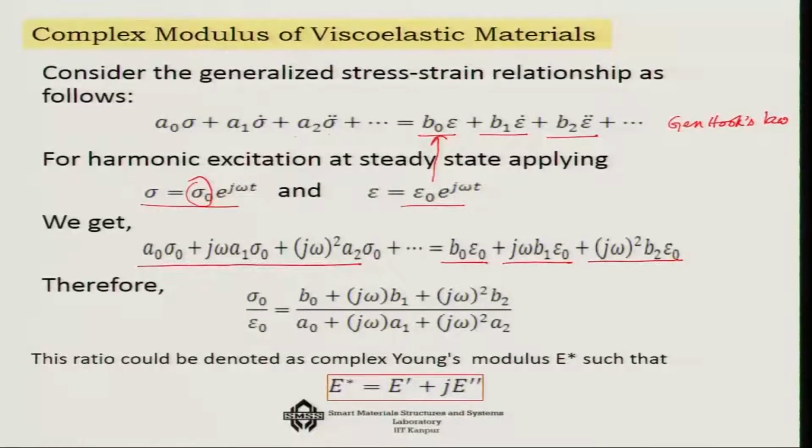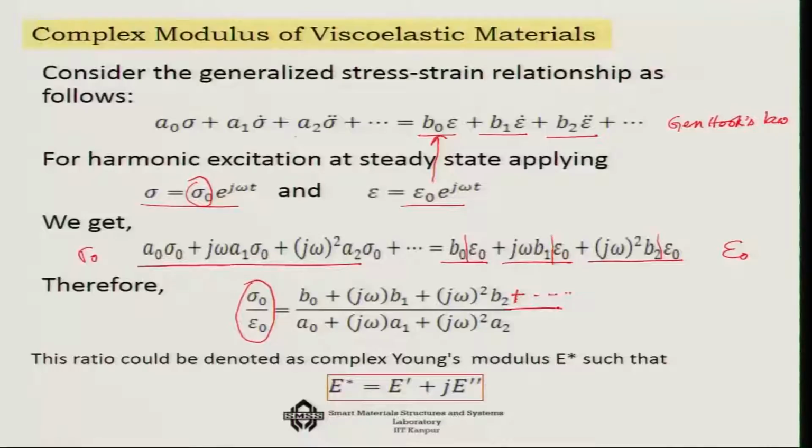So, you can take sigma 0 common on one side and epsilon 0 common on the other, and you can write the expression of sigma 0 over epsilon 0, which will be something like B0, then j omega B1, then j omega squared B2. That is our numerator, plus of course more terms, since this is a series.